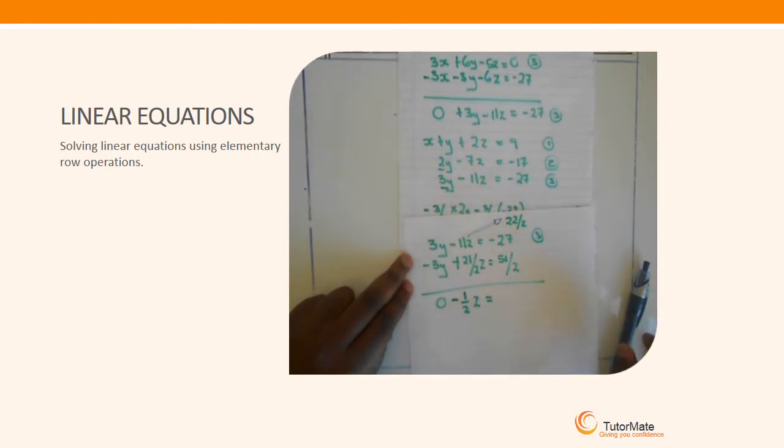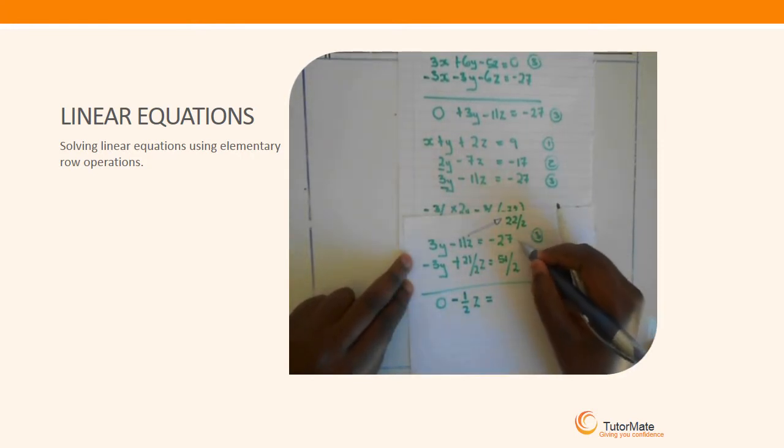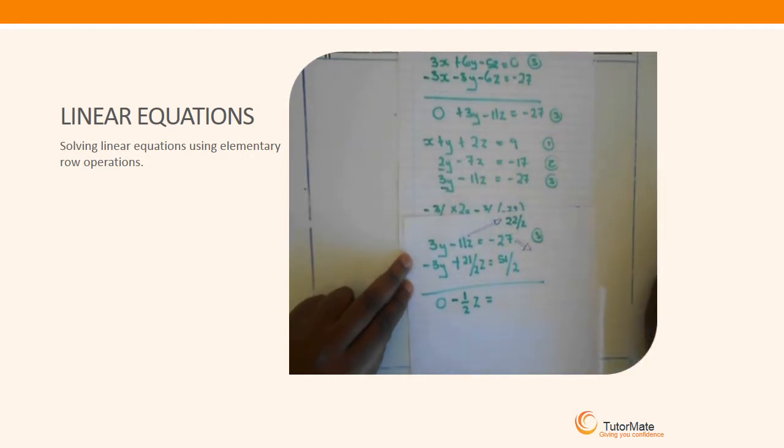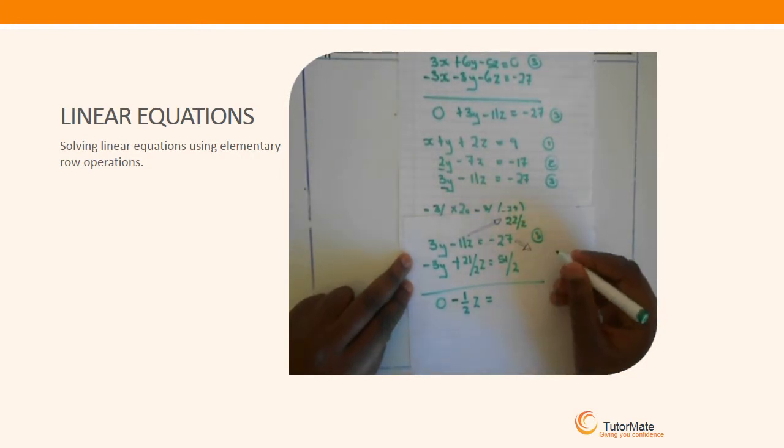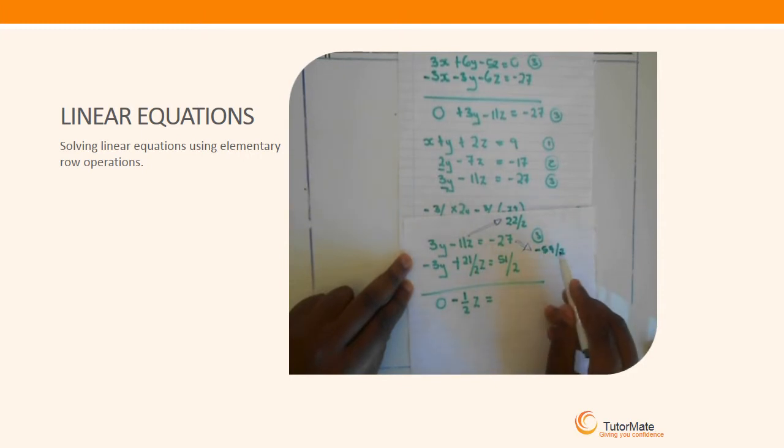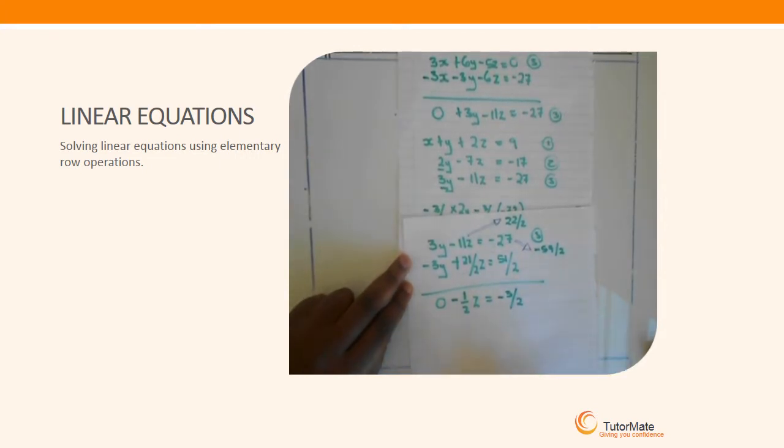It's the same thing with your 27. You have to convert it into a multiple of 2. 27 as a multiple of 2 is equals to minus 54 over 2. So minus 54 over 2 plus 51 over 2, you get minus 3 over 2.